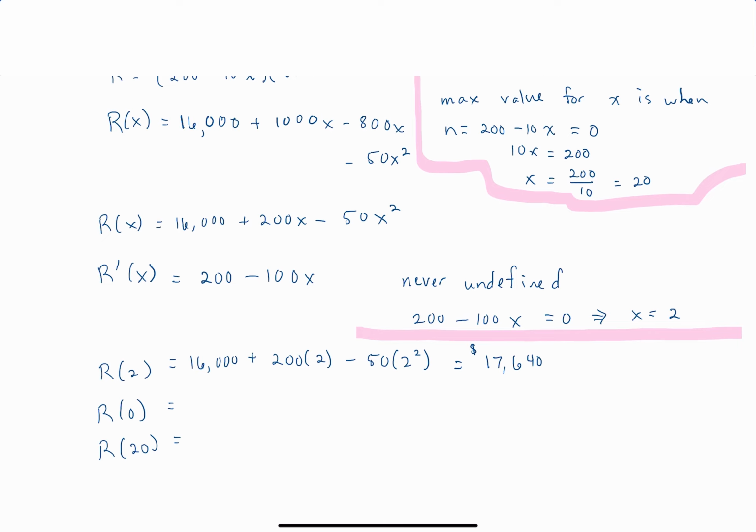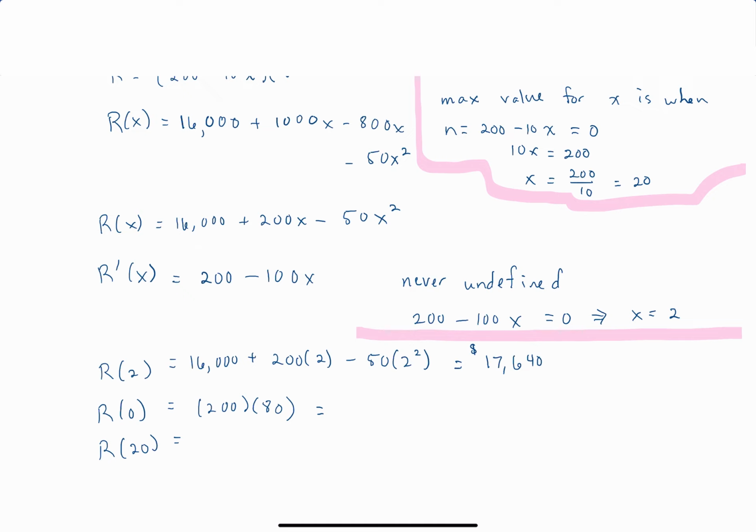If we don't raise the price at all, so 0 price raises, we already know that we can rent out 200 rooms at a price of $80. So that was given in the problem. That's our basic information. You could plug 0 into my formula for R of x too.